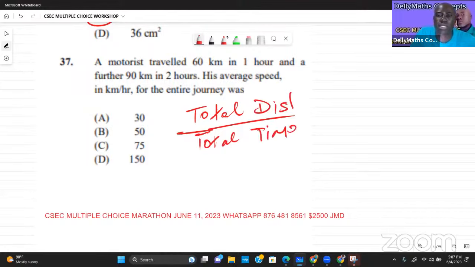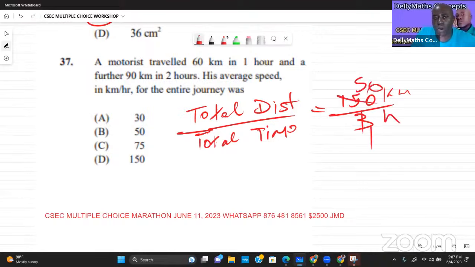What's the total distance? 60 and 90, 150, in 3 hours. So the total kilometers traveled was 150, in 3 hours. 3 into 150 is 50. So the average speed would have been 50 kilometers for every hour on average.